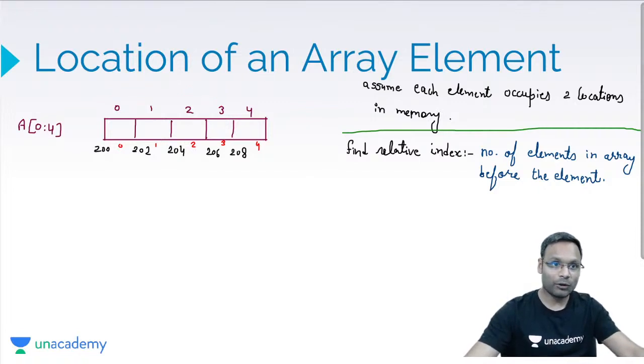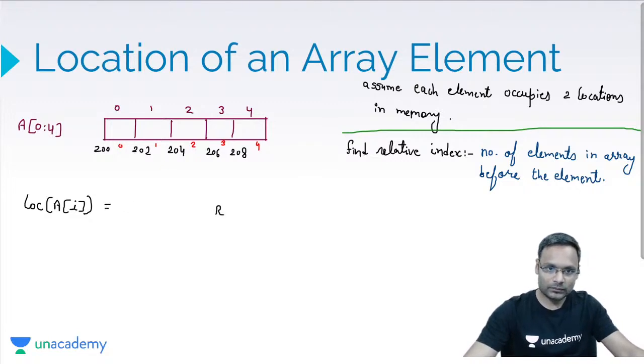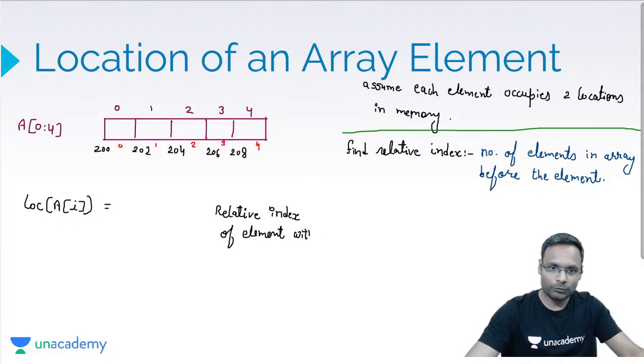The location of A[I], index I, is equal to, first of all, the relative index of the element with index I, into W. What is W?